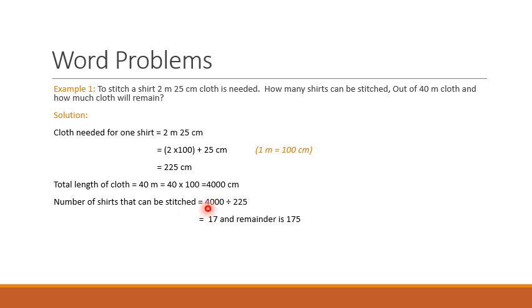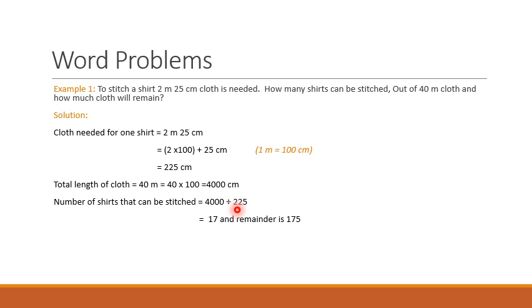Now whenever we have to find the numbers, we use the division operation. So the number of shirts that can be stitched can be found by dividing the total length of cloth, that is 4000 centimeter, by the length of cloth needed for one shirt, which is 225. So the number of shirts is equal to 4000 divided by 225.